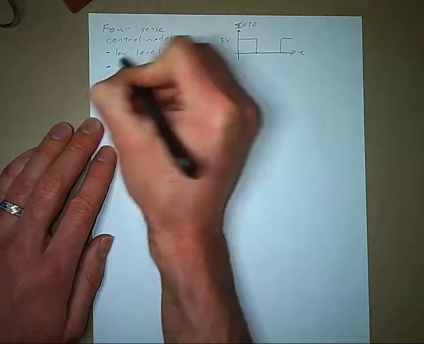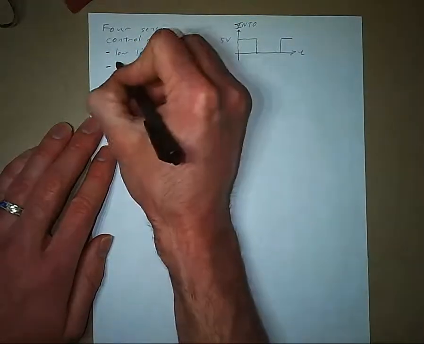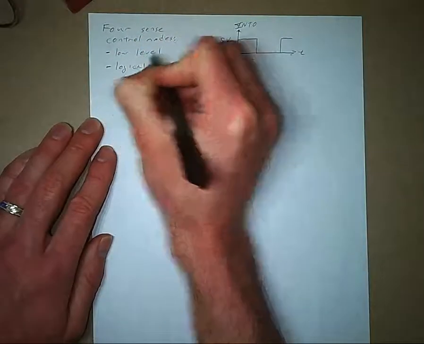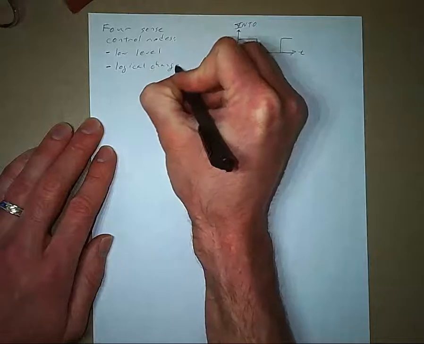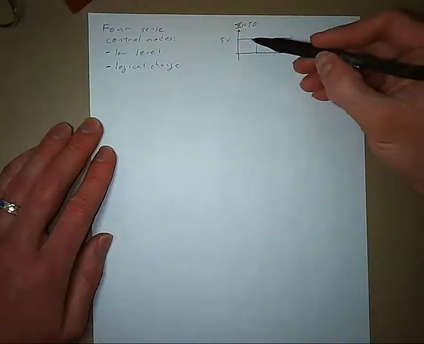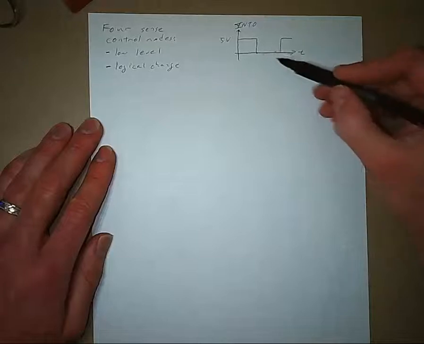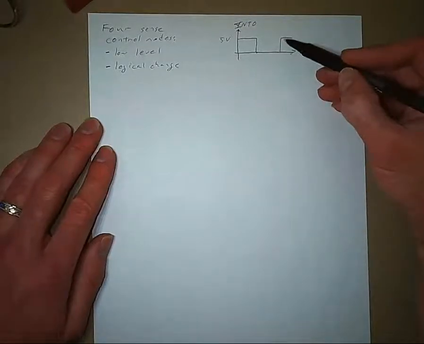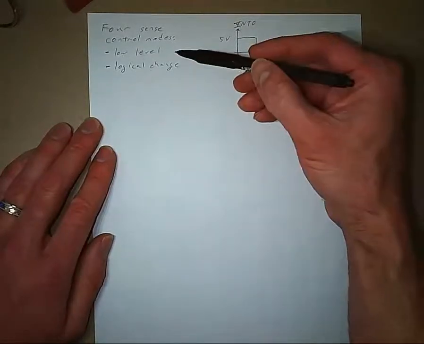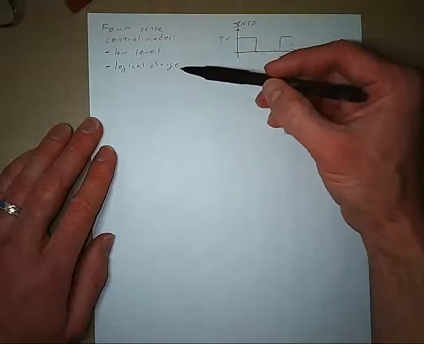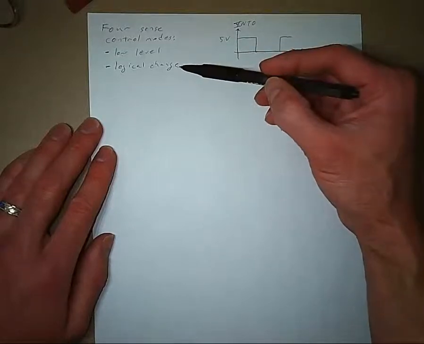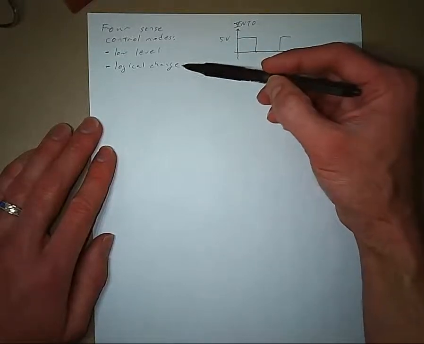Low level, and then logical change. So whenever the pin goes from high to low, that would generate an interrupt because that's a logical change. Or when it goes from low to high, that would also generate an interrupt if we have the external interrupt set up for the sense control for logical change.